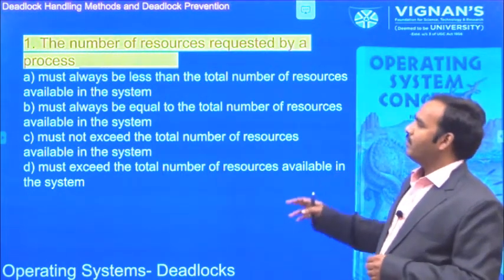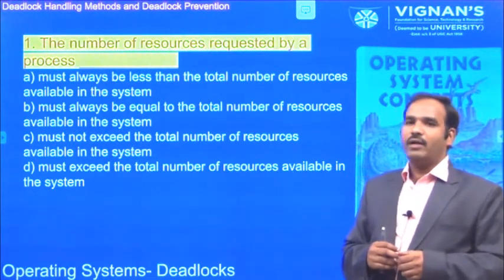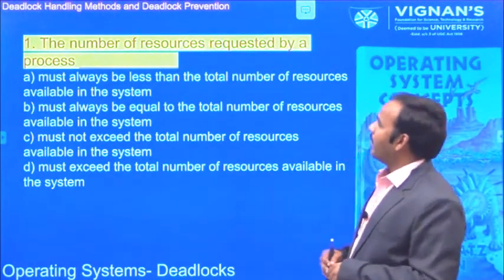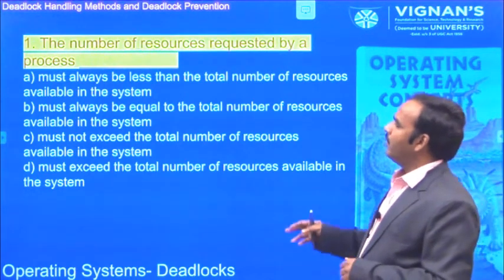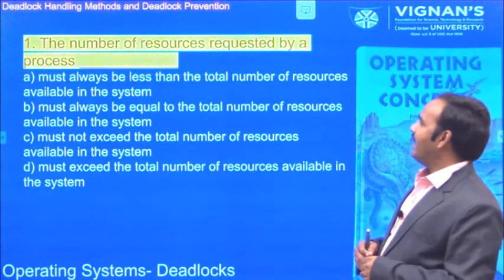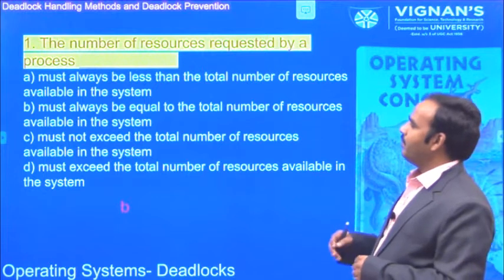Now let me check whether you understood all the issues regarding deadlock handling and deadlock prevention. The first question: the number of resources requested by a process must always be less than the total number of resources available in the system.